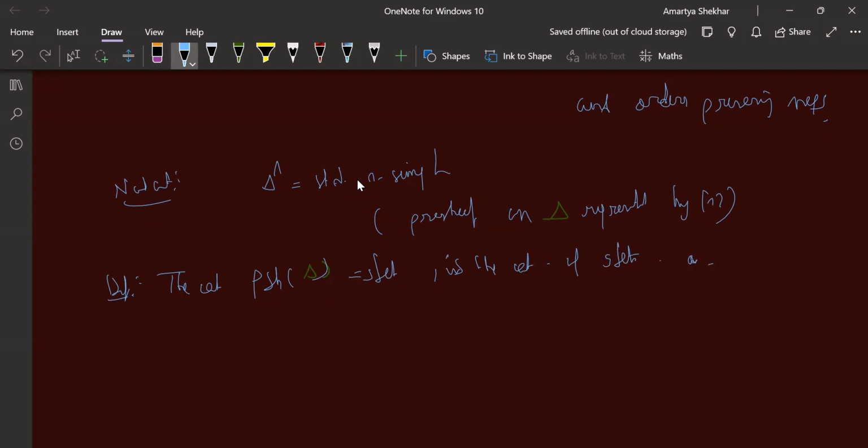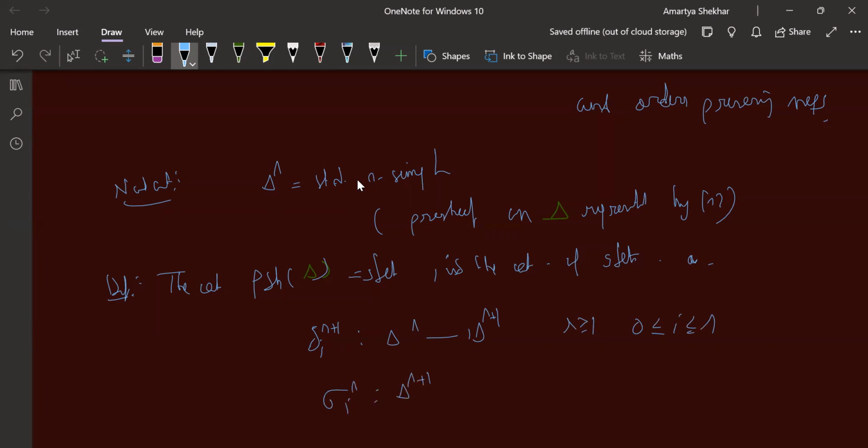Now let me define the coface and codegeneracy maps. This is my face maps, and squaring them equals 1.